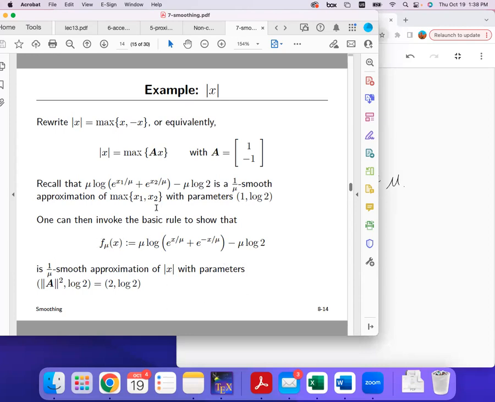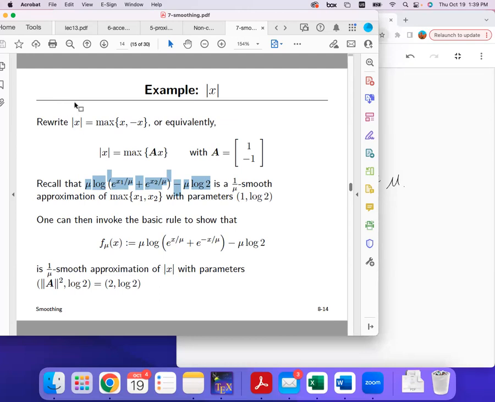Basically, the same function can approximate two different functions. One is a maximum function, and the other one is the absolute value function. But it is an approximation with different smoothing parameters.